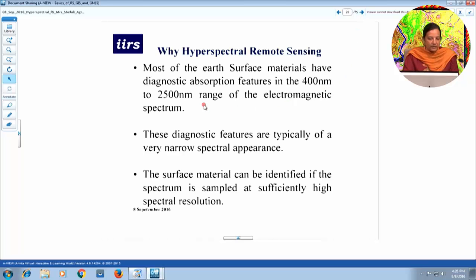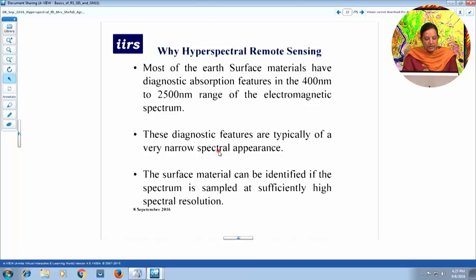Now, why hyperspectral? That's the reason I just told you: to detect the absorption features. These absorption features are known as diagnostic features and are typically very narrow in region. The surface material on the Earth's surface can be identified by the use of these diagnostic absorption features. Absorption occurs in an object because of the material present in it.